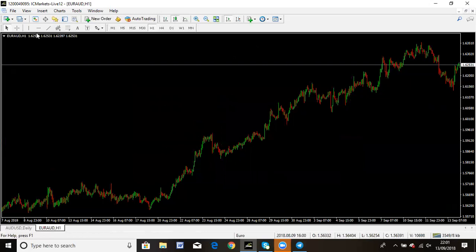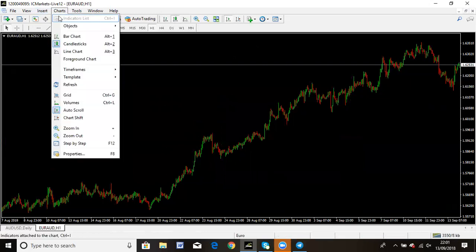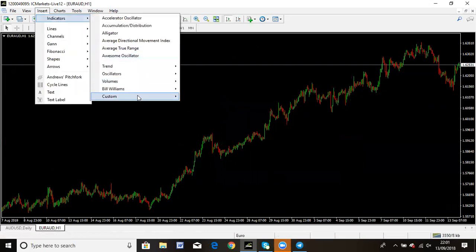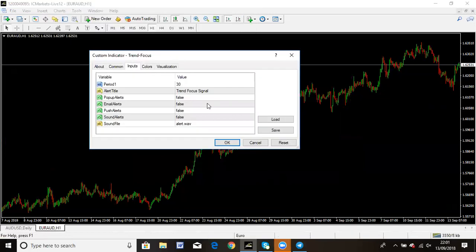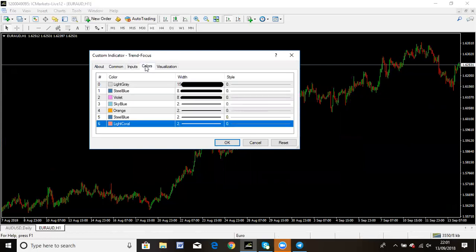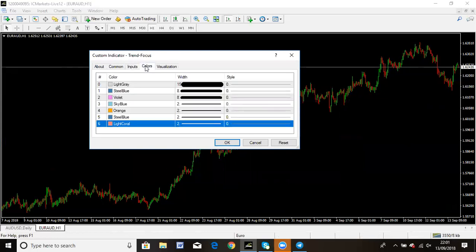Okay, that. Insert indicators, custom indicators, and then I'm going to put the trend focus one. Colors, right? And I'm going to say okay.